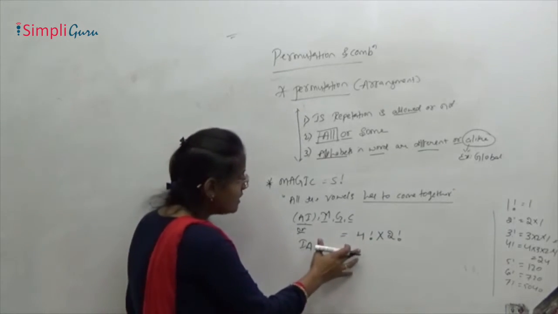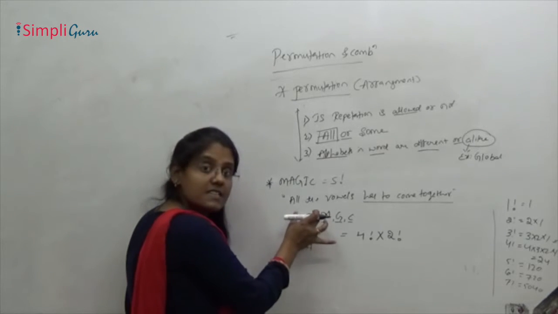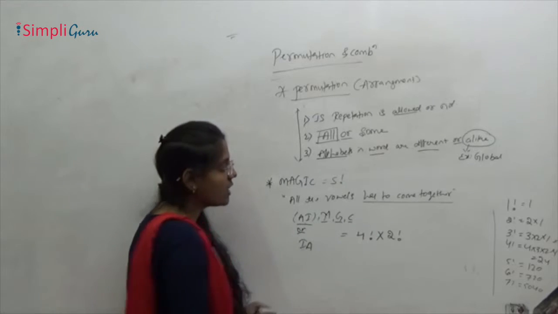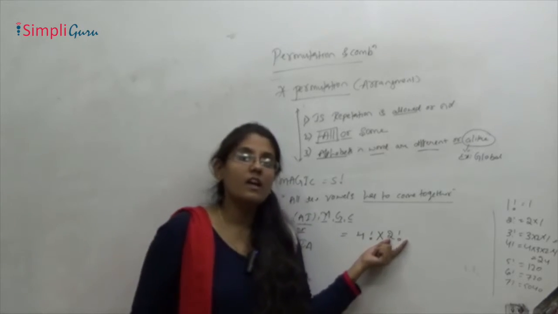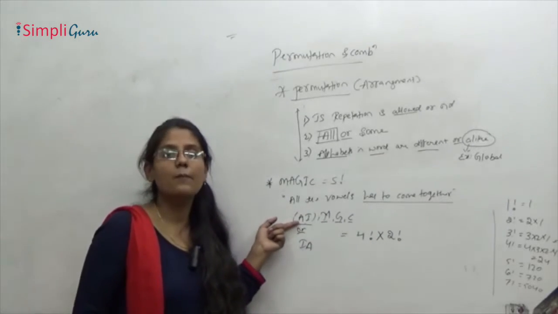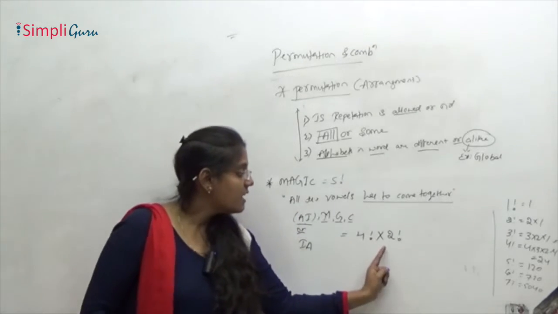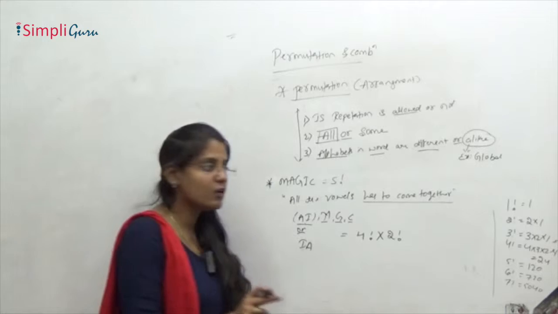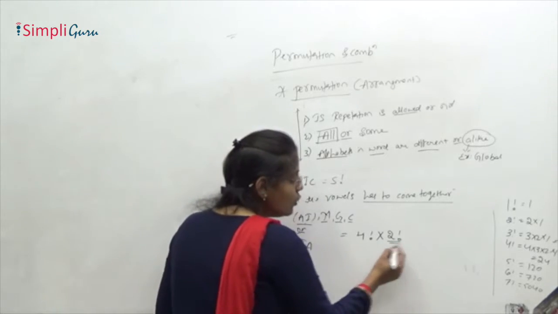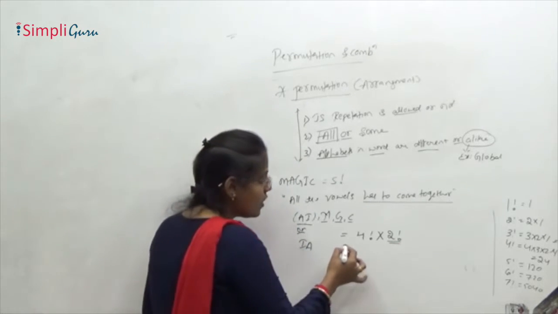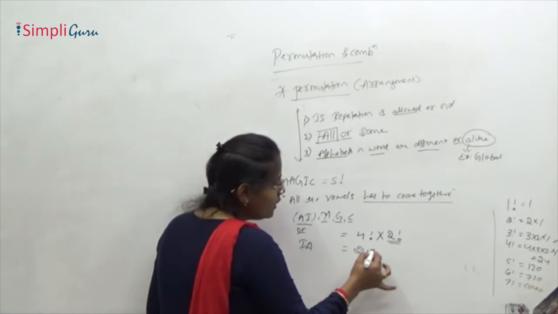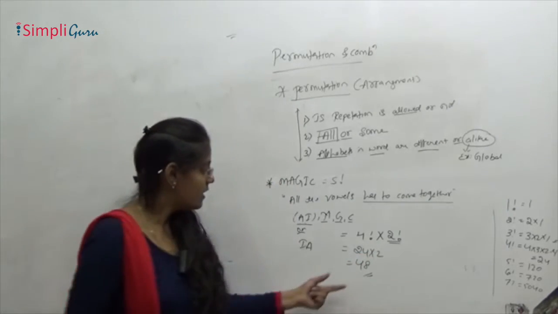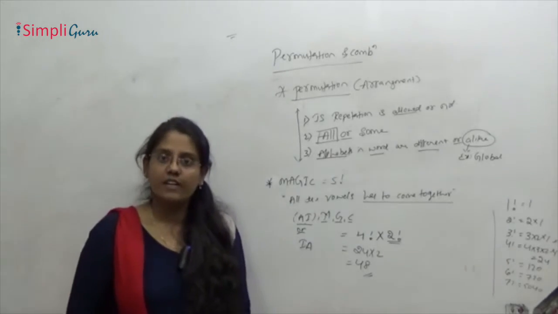This 4 factorial is because I am considering this as a single entity and this is 1, 2, 3 and 4. That's why it's 4 factorial. What about this 2 factorial? I will have 2 vowels in the bracket. That's why consider it as 2 factorial. Don't consider it as 2 only. Don't neglect the factorial. I have to consider it as 2 factorial. So our answer should be 24 into 2. Our answer should be 48. Right. Our answer is 48.